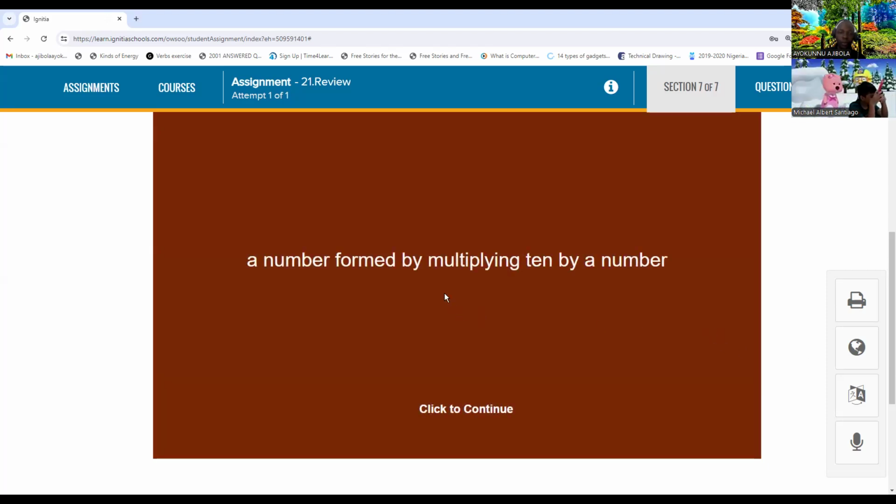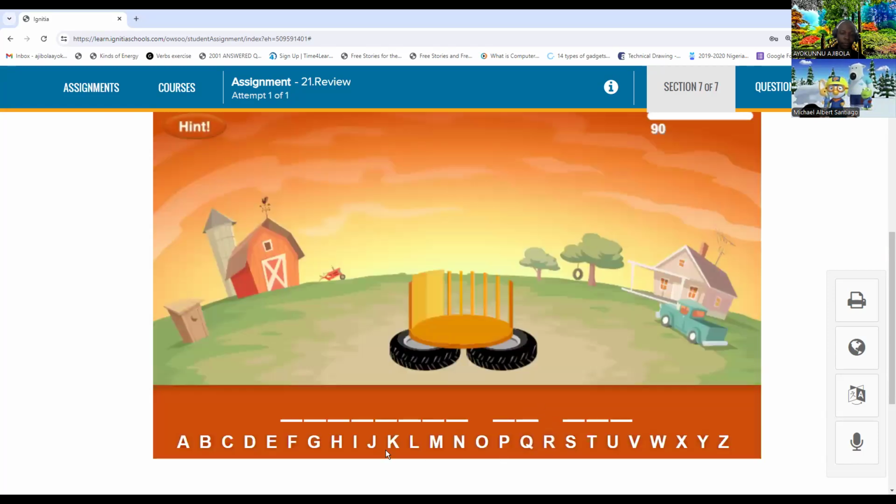Okay. So read this, Miggy. A number formed by multiplying 10 by a number. That is a multiple of 10, right? Yeah, multiple of 10.